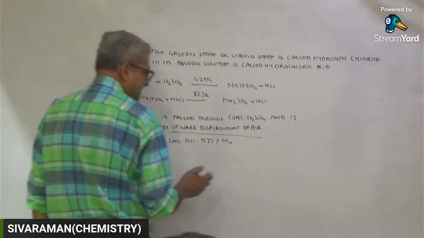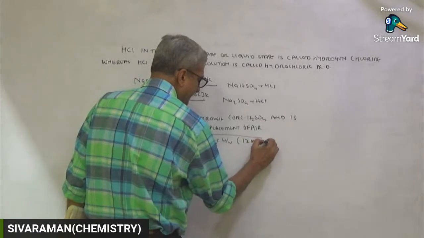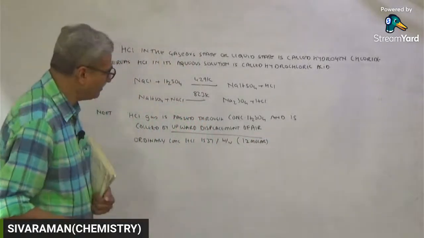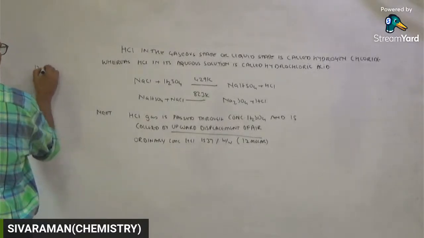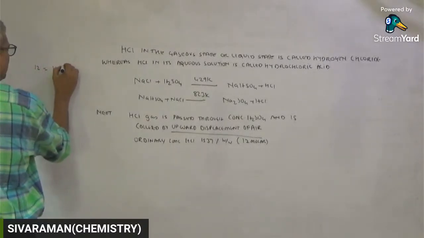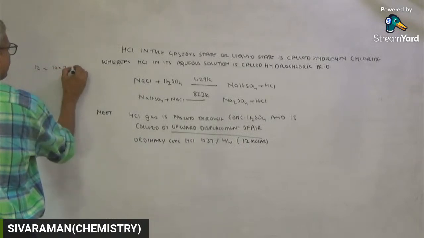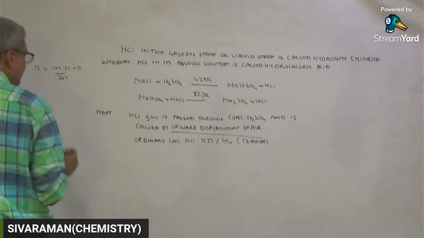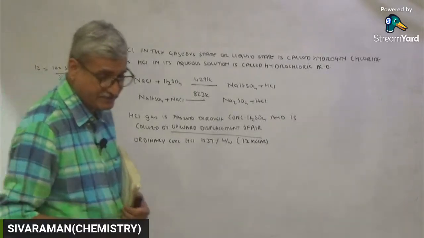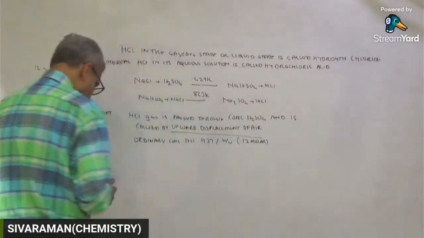They have given that it is 12 molar, so we can always calculate the specific gravity. 12 is equal to 10 into percentage 37 into density upon 36.5. I'll calculate, because I told you they asked this. We know it's 12 molar, but that should not make us overconfident.